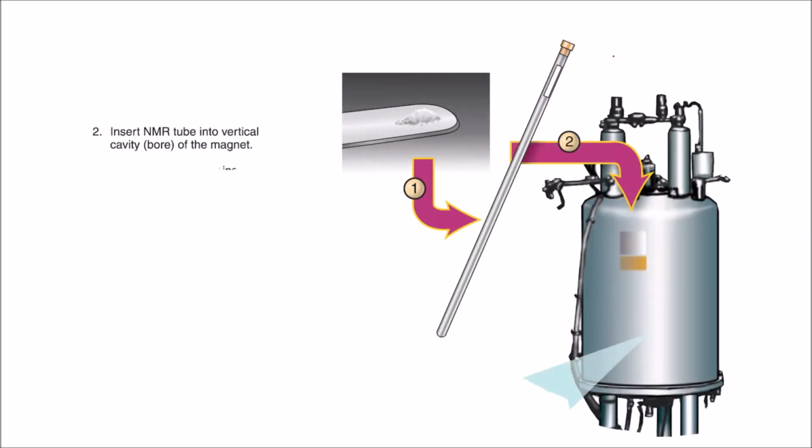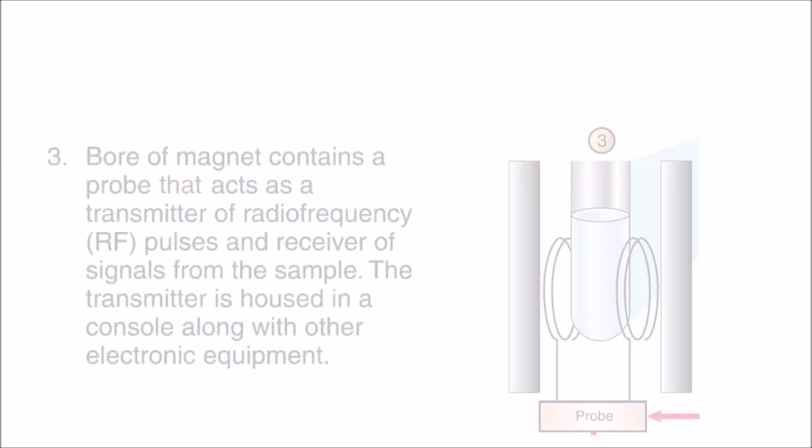This is the manually operated version. You directly load it into the superconducting magnet. Here there is a place where you can keep the NMR tube along with the spinner. Insert the NMR tube into the vertical cavity, or bore, of the magnet.